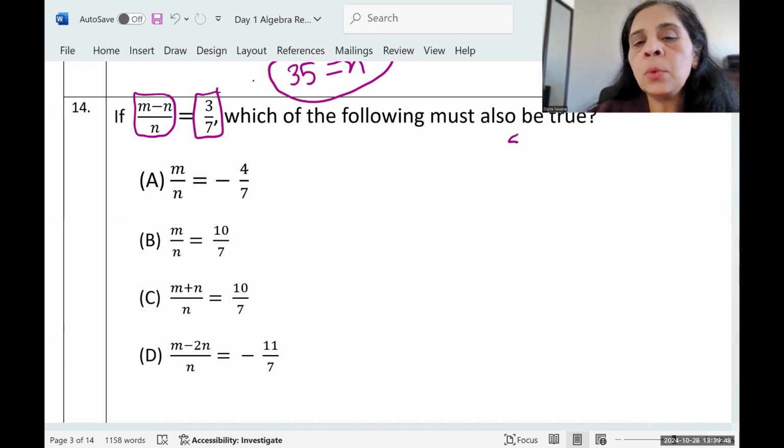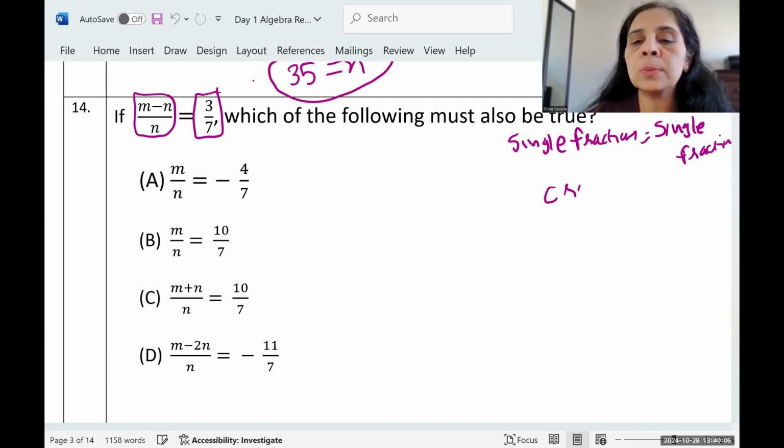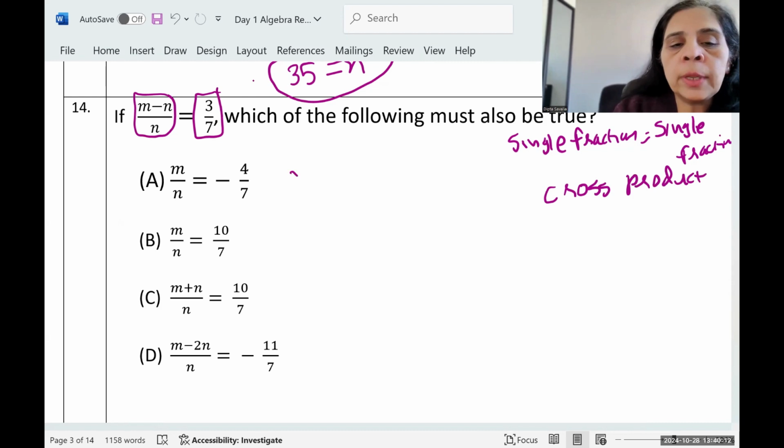So whenever you have a single fraction equal to a single fraction, you can use this strategy. If you don't know anything, what you need to do, just do the cross product. All right, so let's see how we can do it.